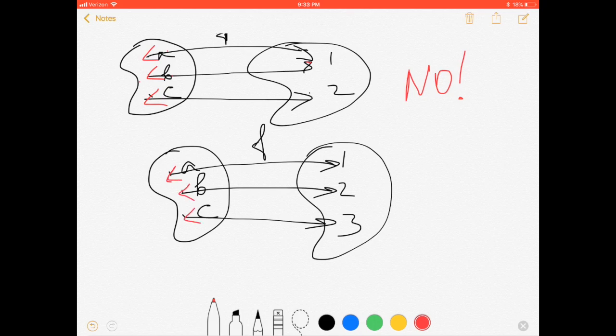This means doing the opposite direction, and this is the opposite direction function. We use this symbol, and it's called the inverse function for function f.